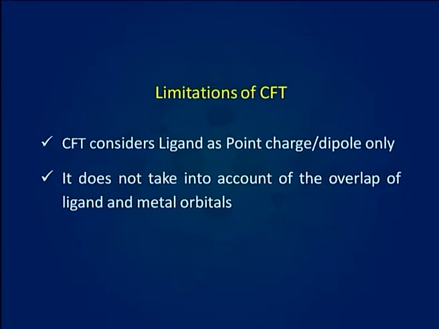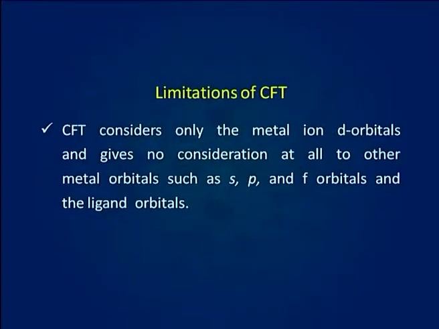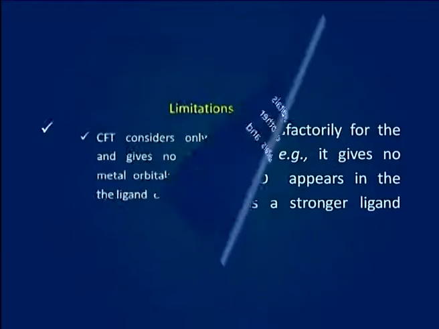It does not take into account the overlap of ligand and metal orbitals. It considers only the metal ion d orbitals and gives no consideration at all to other metal orbitals such as s, p and f orbitals and the ligand orbitals.